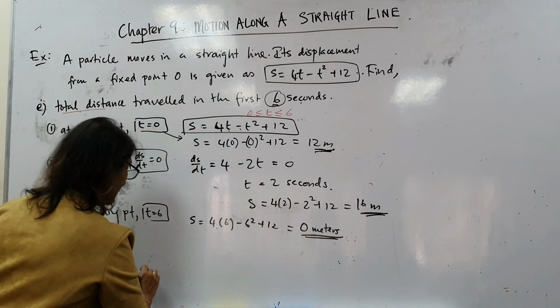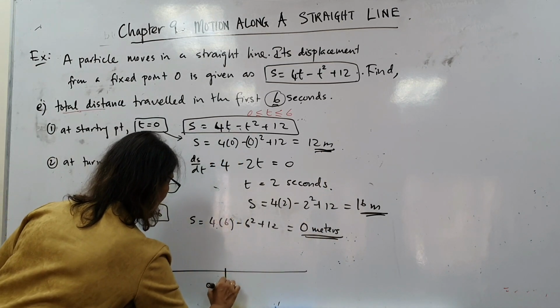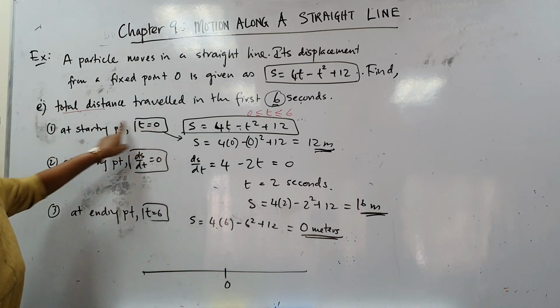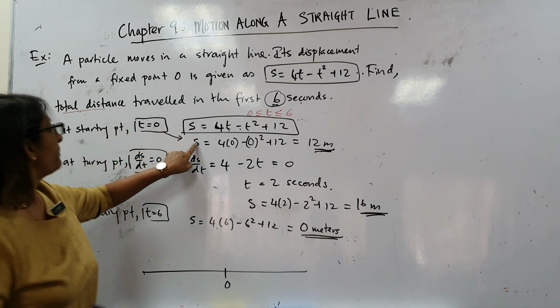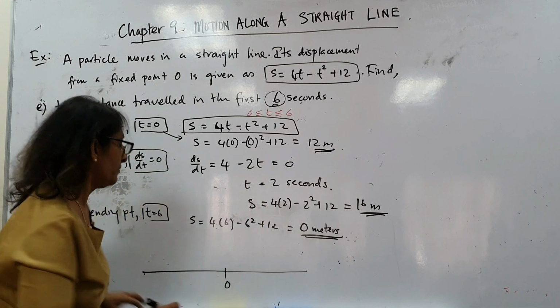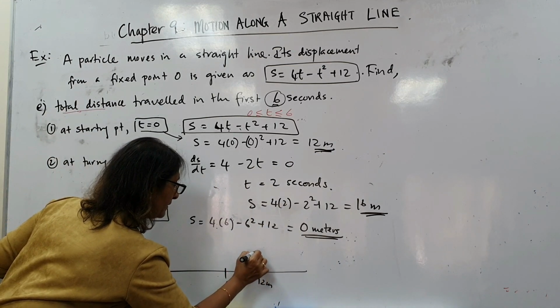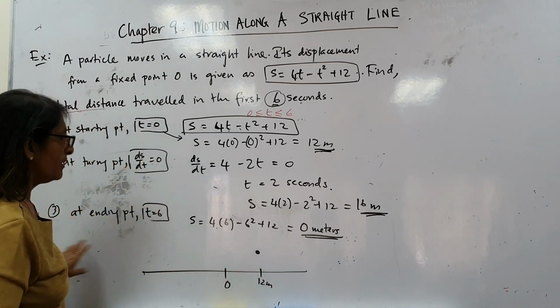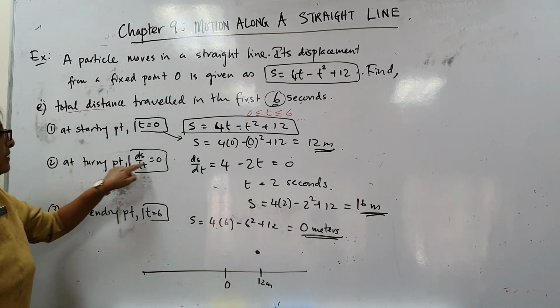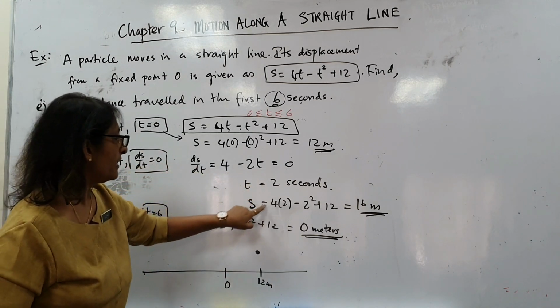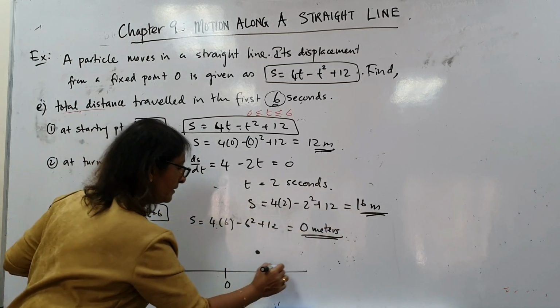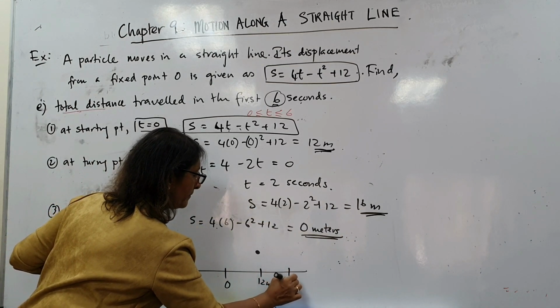So what you do, you draw the number line. Let's say 0 here. At the starting point, the particle is at 12 meters. That means on the right, so here is 12 meters, particle is here. Then at the turning point, we got s equals 16, so let's say here.